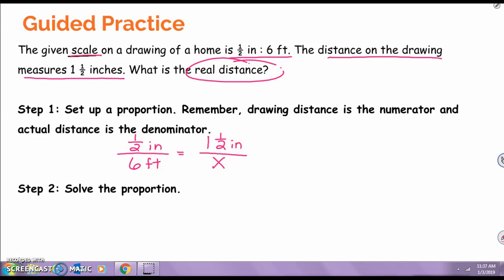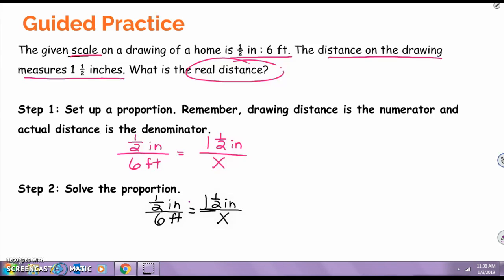Now that we've set up our proportions, we can solve for it. Again, we have 1/2 of an inch to 6 feet, set equal to 1.5 inches over x. Remember, when we cross multiply, we are going to have to change our mixed number to an improper fraction.